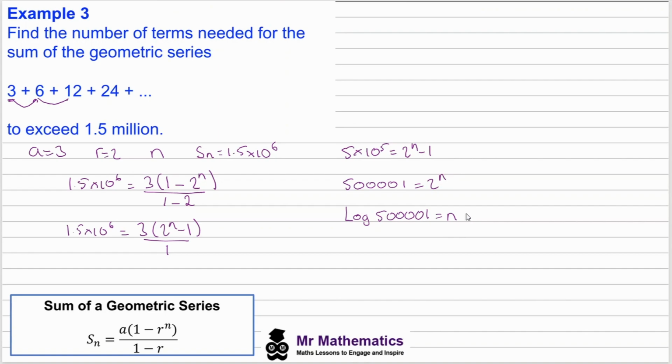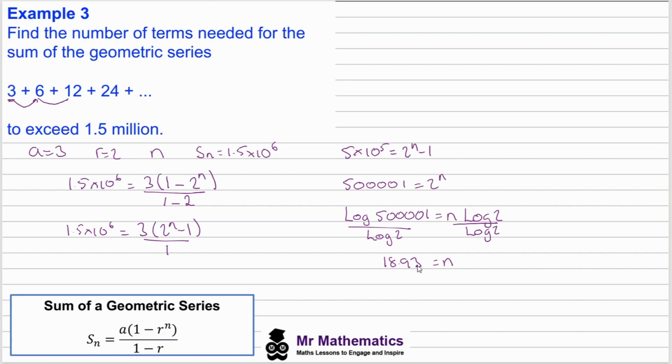So this becomes n the log of 2. Now we need to divide both sides by the log 2. We can work this out on our calculator, and we get 18.93, and this will equal n.